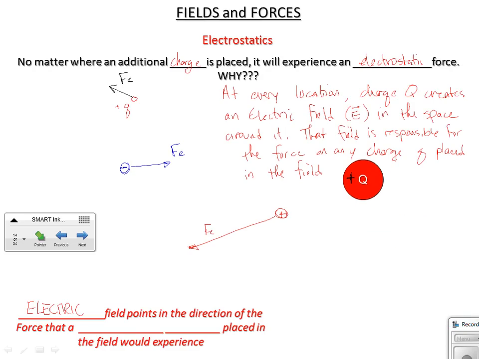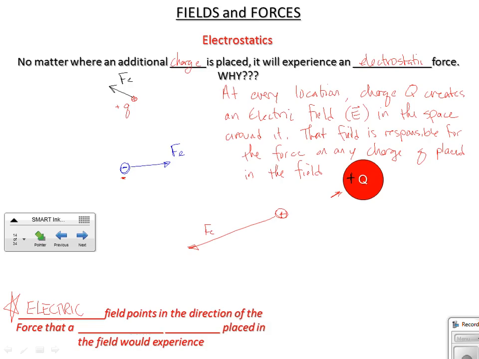The deal with charge, however, is there are two kinds of charge. There are positive charges that would be repelled from this positive charge, and negative charges that are attracted to it, so we come up with a convention, and the convention is this, real important.